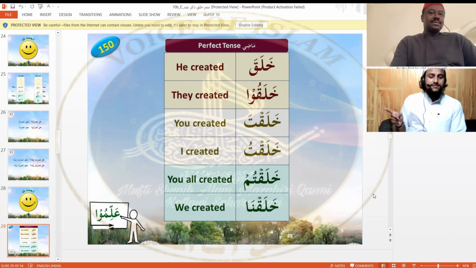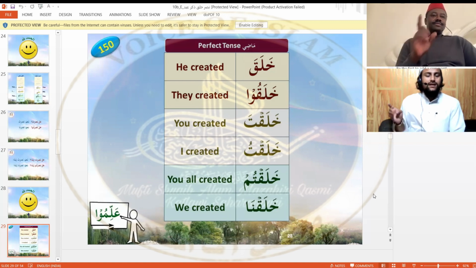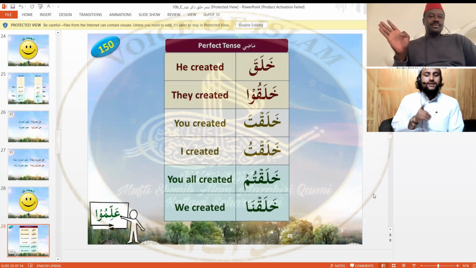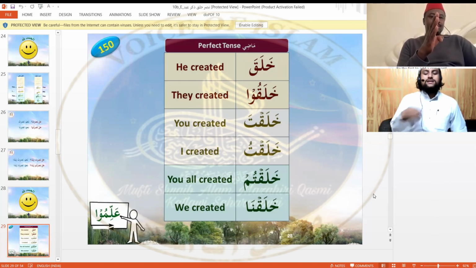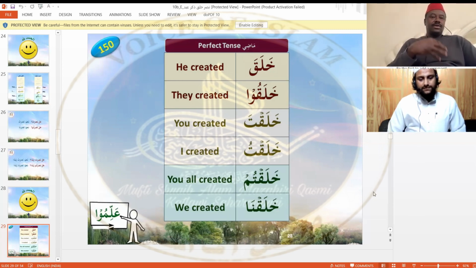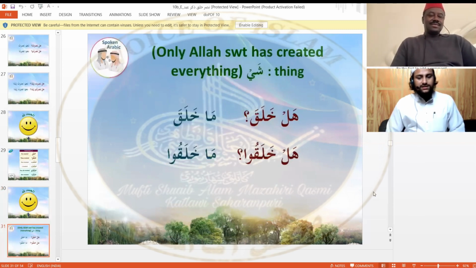He created, khalaqa. They created, khalaqu. You created, khalaqta. I created, khalaqtu. You all created, khalaqtum. We created, khalaqna. Good, mashallah, done it.